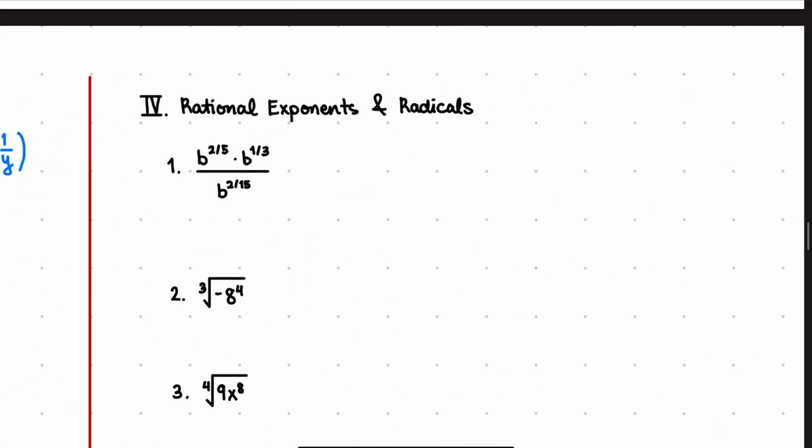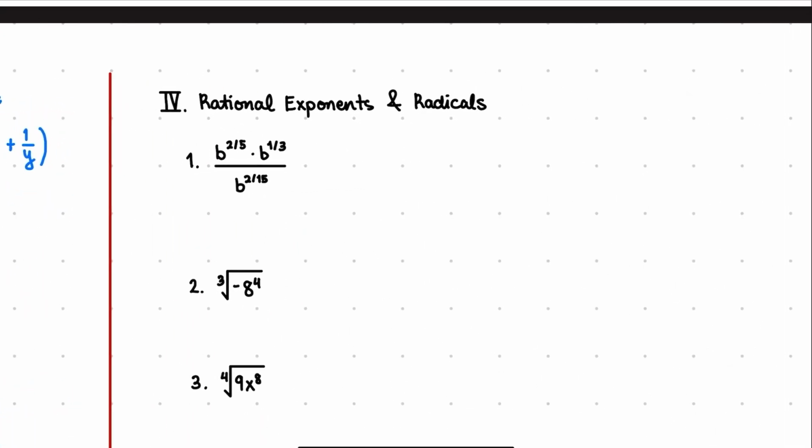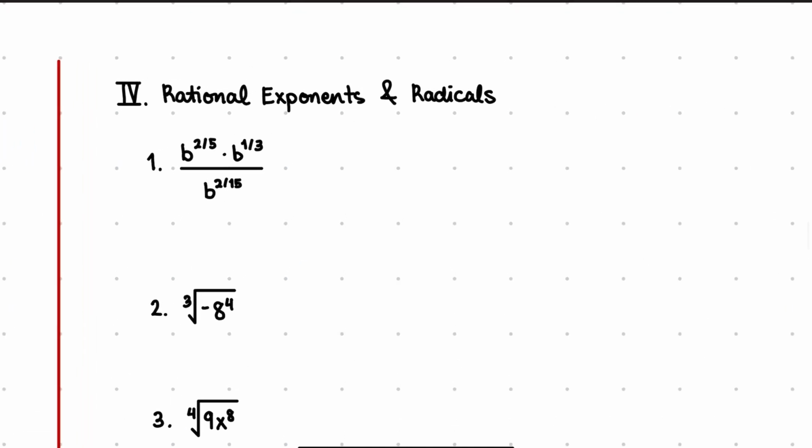Okay, so for number 1, when we deal with rational exponents, the idea is simply the same as how we usually do it with normal exponents. And by that I mean, since the bases are the same, we simply add the exponents in the numerator and then subtract the one in the denominator.